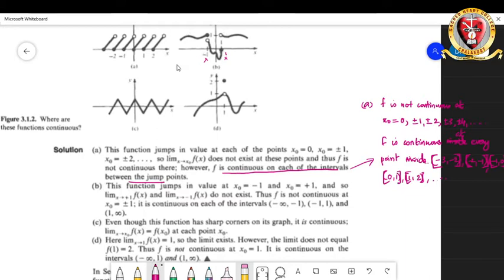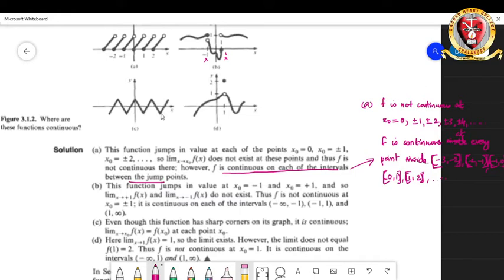You are just partitioning the domain into 3 subintervals in which the function is continuous. And if you look at the third question, this function can be drawn without lifting our pen or pencil, and clearly that means the function is continuous, though it has very sharp corners. The corners are here: 1, 2, 3, 4, 5, 6, like that.